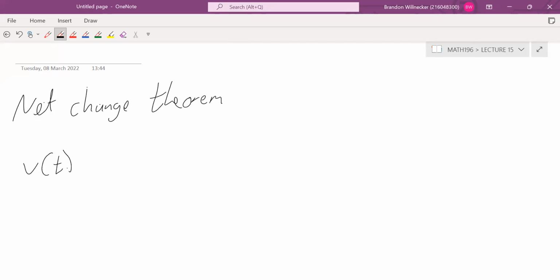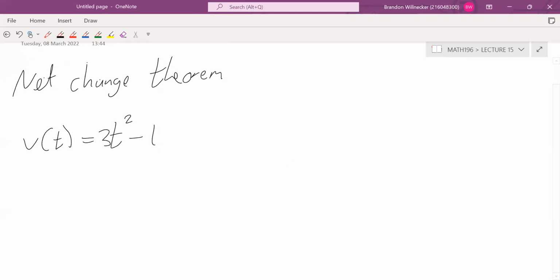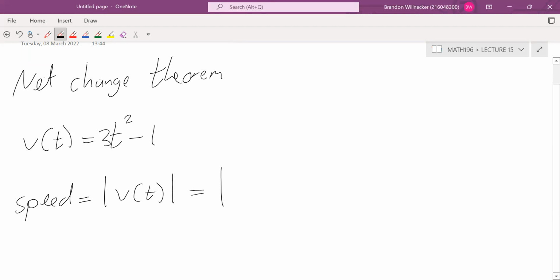So let's say V of t is going to be 3t squared minus 1. Remember that this is the velocity, so it can either be positive or negative. I spoke about that before, but for finding the distance, we need the speed. So speed is equal to the absolute value of velocity. So in this case, it will be the absolute value of 3t squared minus 1.